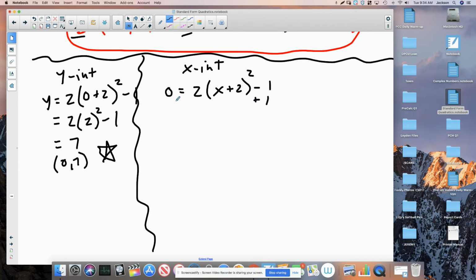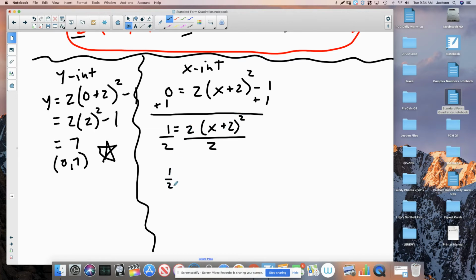We add 1 to both sides of this equation. So we have 1 equals 2 times the quantity x plus 2 squared. Then we divide by 2. We want to get at that x, which is inside these parentheses, which I can't do until I get rid of this, and I can't do that until I get rid of this. It's all about the inverse order of operations.